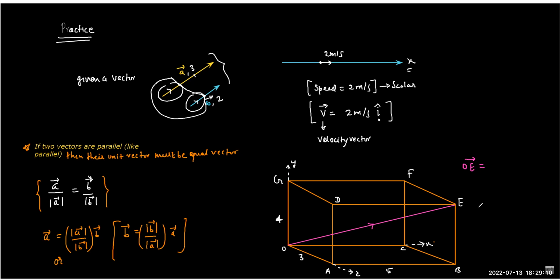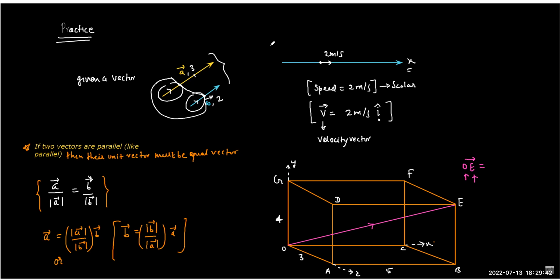We have to use the triangle law, but again, that is not required. The simple job that you have is start from O, end at E, but choose the path along the edges. As you walk, keep on writing the I, J, K. I will show you one of the paths, but you are free to choose a path of your choice.